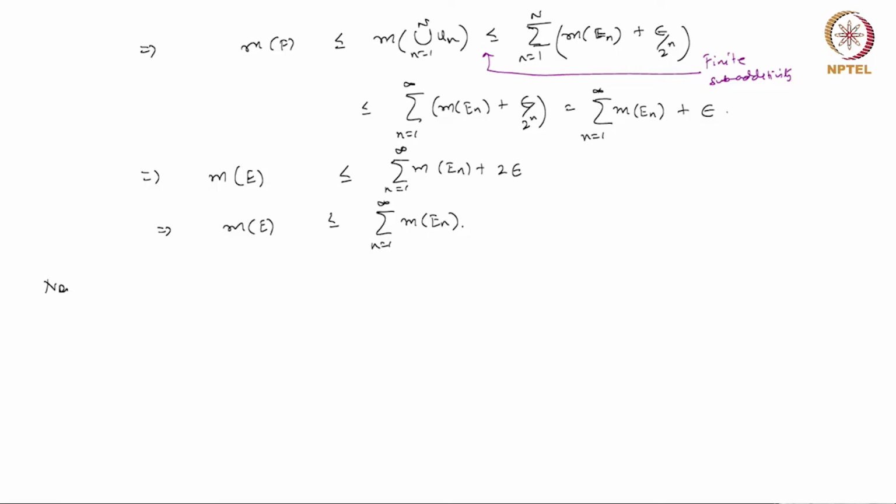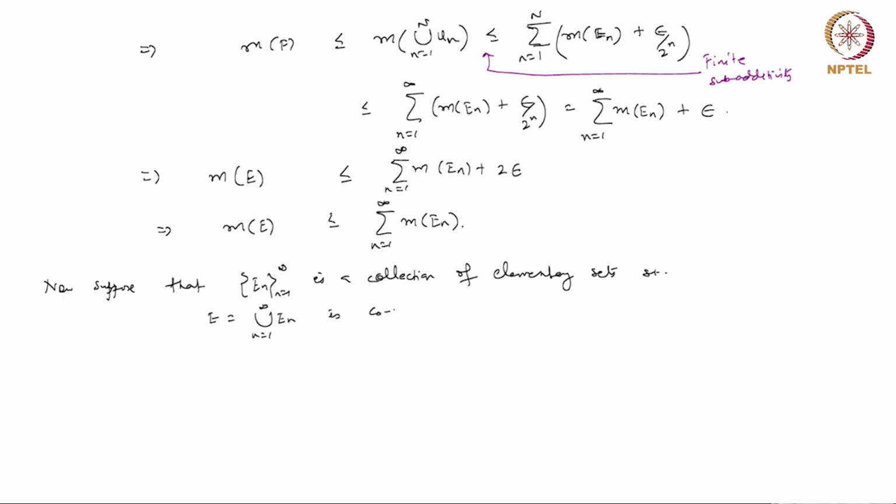Now suppose that the En's are a collection of elementary sets such that the union n equal to 1 to infinity of En is co-elementary. So this means that the extended measure is plus infinity.